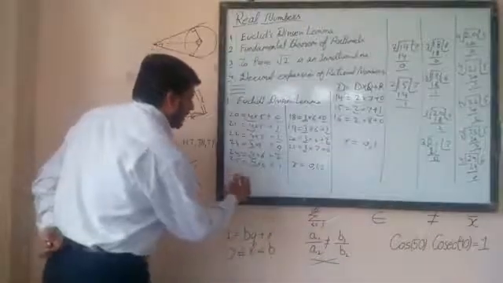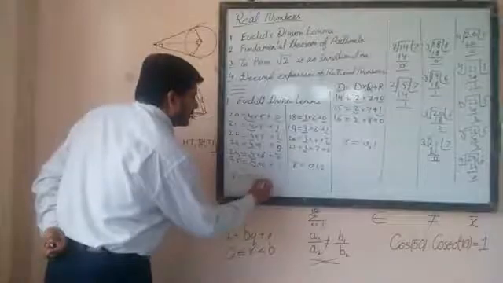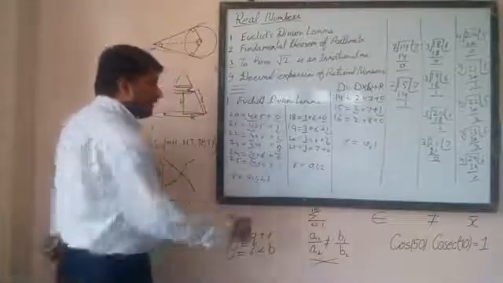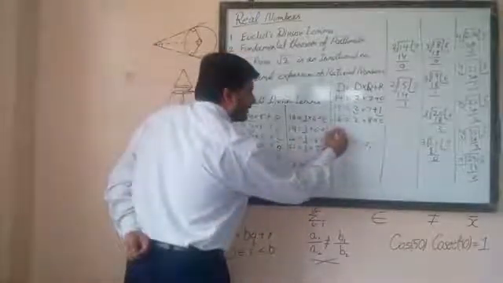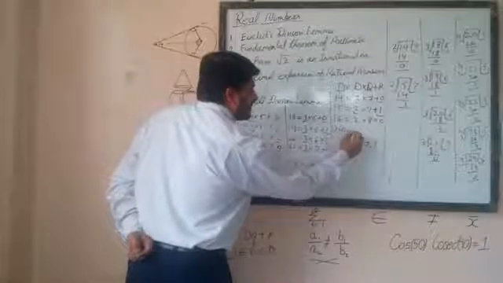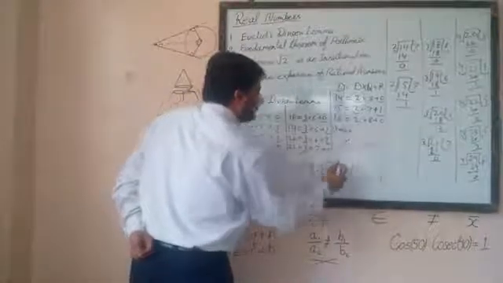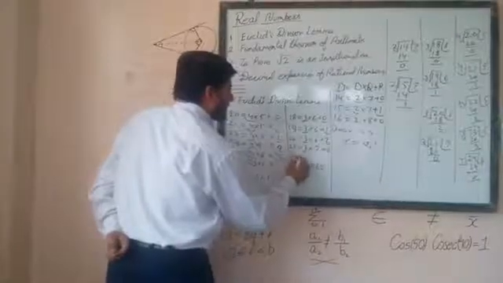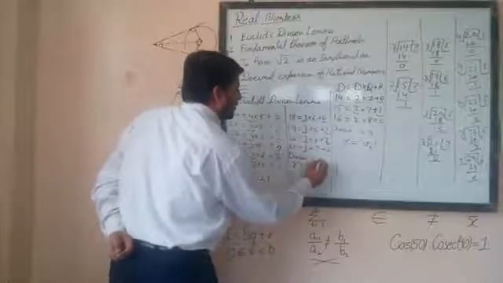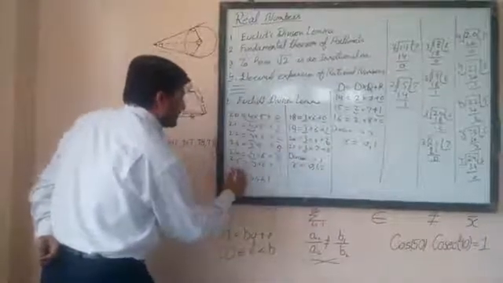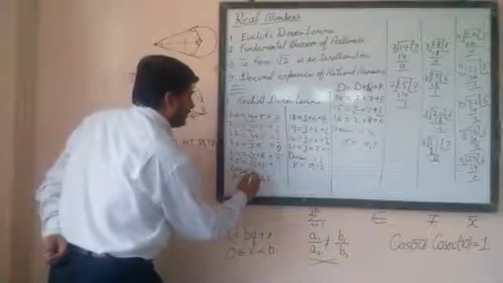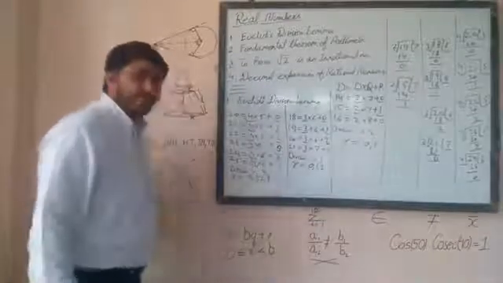Here you have seen that remainder is 0, 1, 2 and 3. When our divisor here was 2, when our divisor here was 3, when our divisor here was 4.